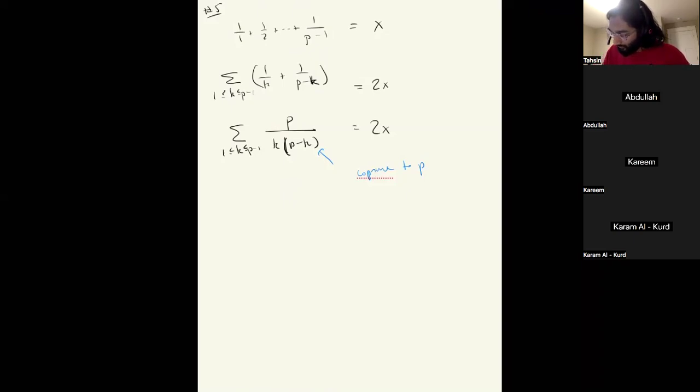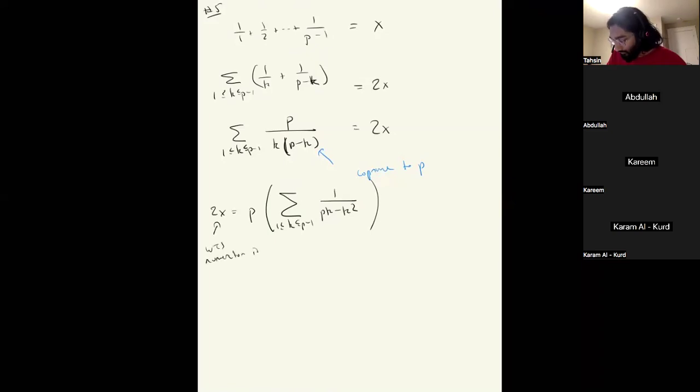So now we can say 2x is p times the sum for k between 1 and p minus 1 of 1 over k times p minus k, and maybe let's write it as pk minus k squared. Now we want to show that the numerator is divisible by p.